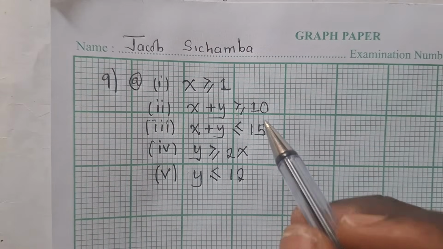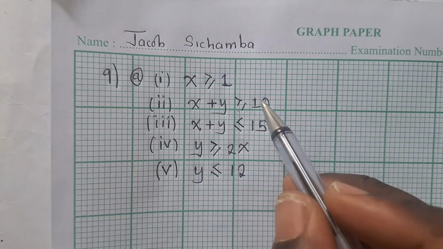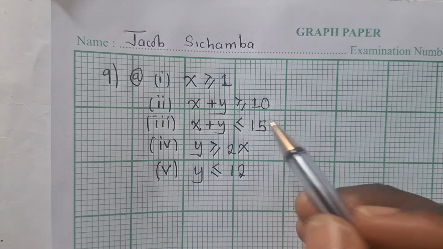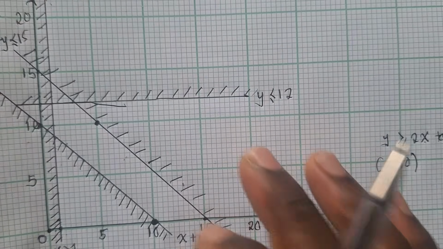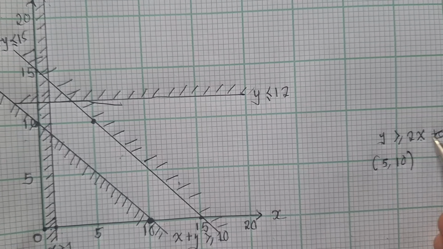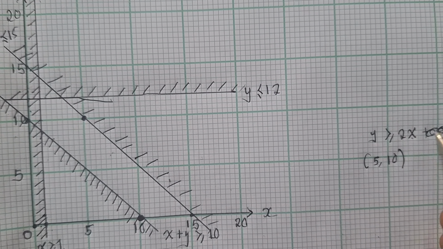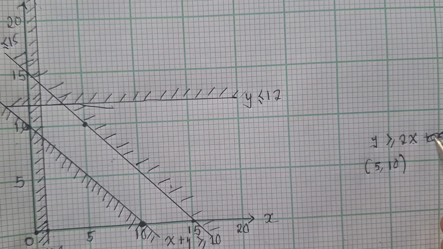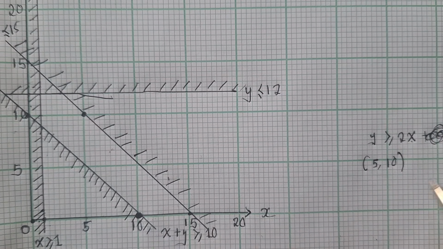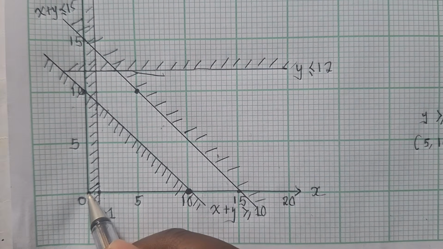Okay? You see the way it was here. We were having this like 10, 15, meaning it's passing at 10 or it's passing at 15 on the y-axis. But here, there is no number here. It is just y is greater than or equal to 2x. So it's not passing anywhere. It will pass at 0. That's where it will pass. So I know that here it will pass at 0.